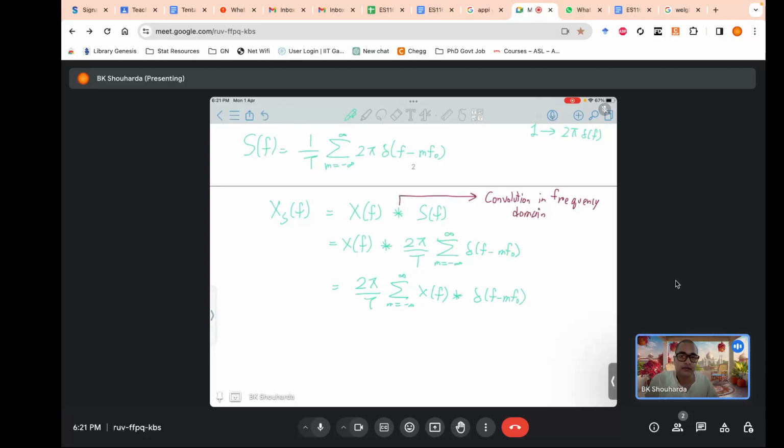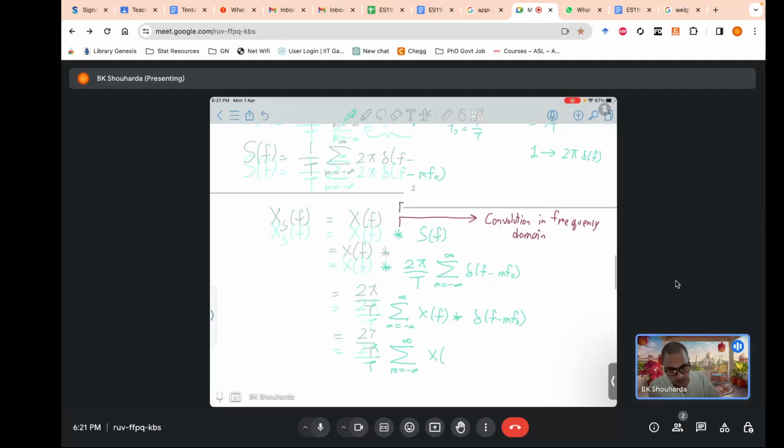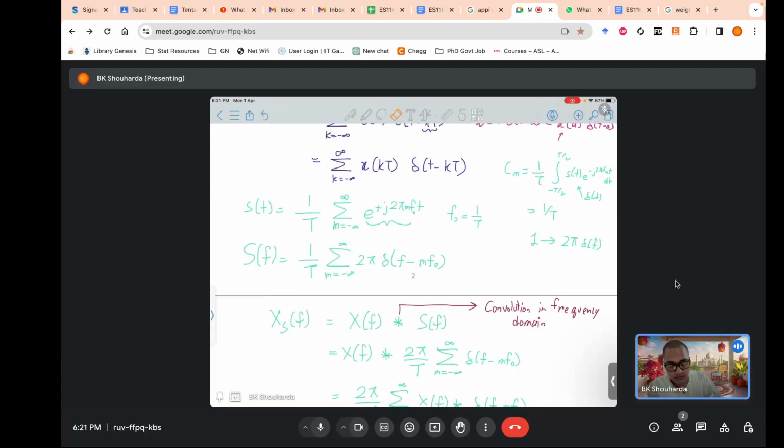Now you know that x of t when convolved with a shifted version of the delta function shifts the x of t or x of f directly to that point where the impulse is located. So what will it be? Okay, so actually I am doing this in the f domain, not in the omega domain, so this 2 pi won't be there.